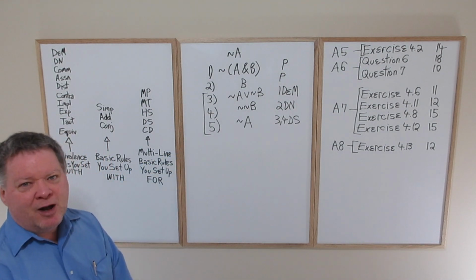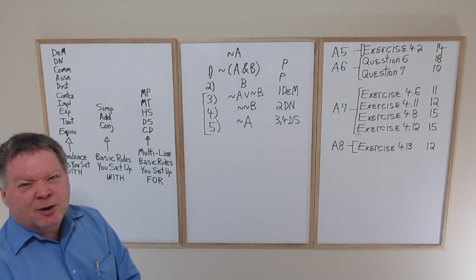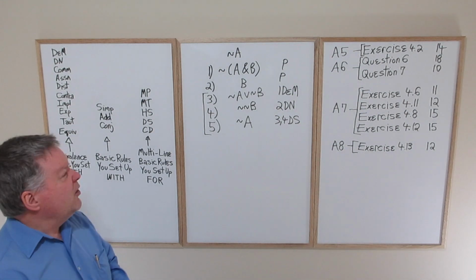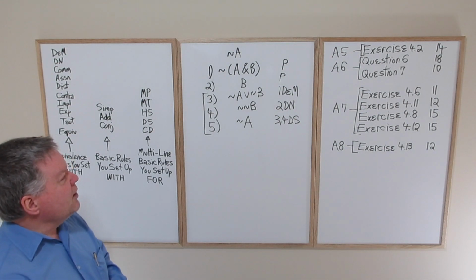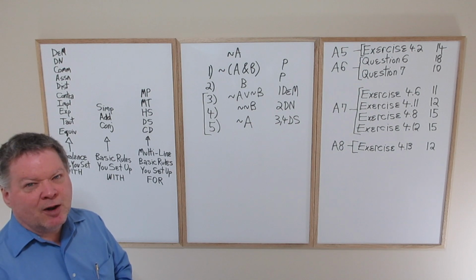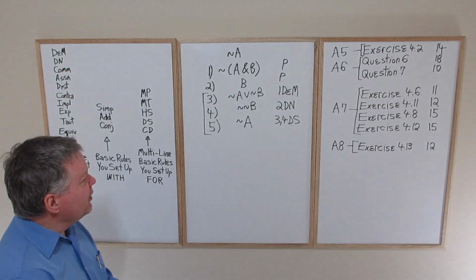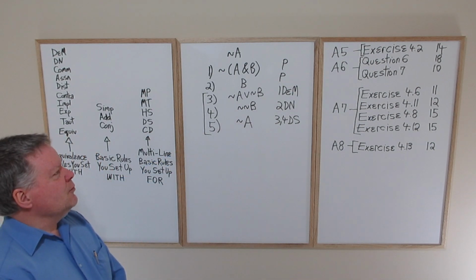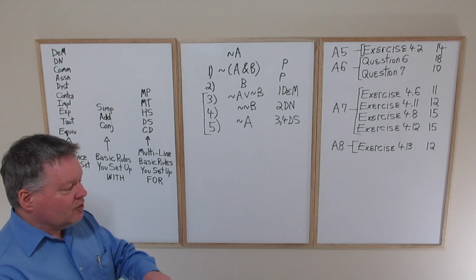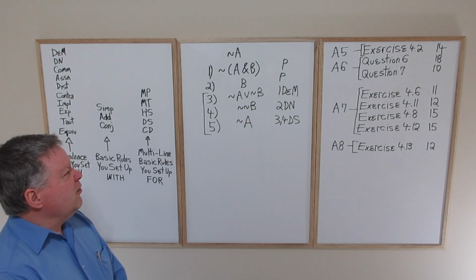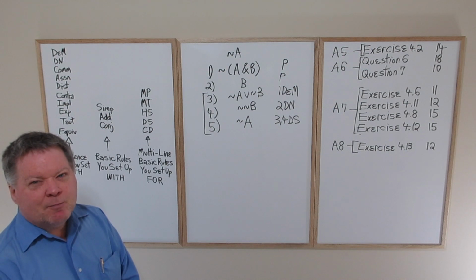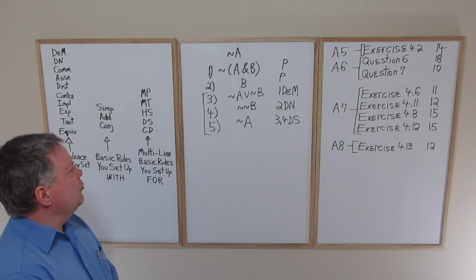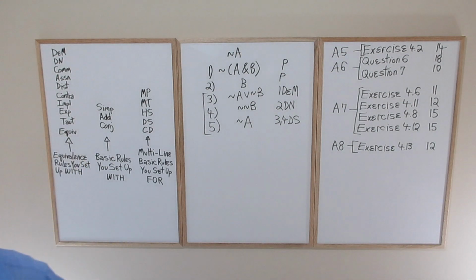And notice at line 5, there is no B-related information. So what we did in the disjunctive syllogism step that we set up for is we made use of and at the same time got rid of the B-related information and ended up with the A-related information. So that's a nice simple example of the strategy we're going to be employing in a gradually more and more complex way as we consider various proofs.